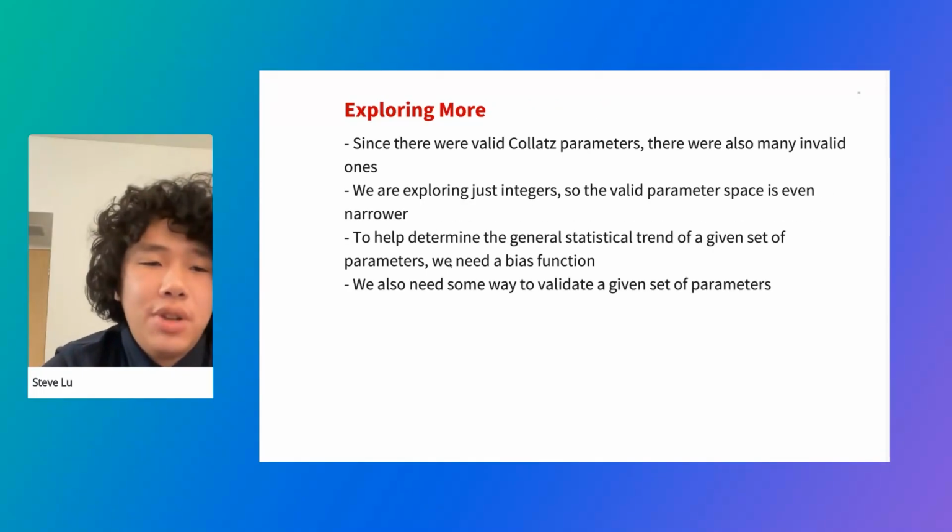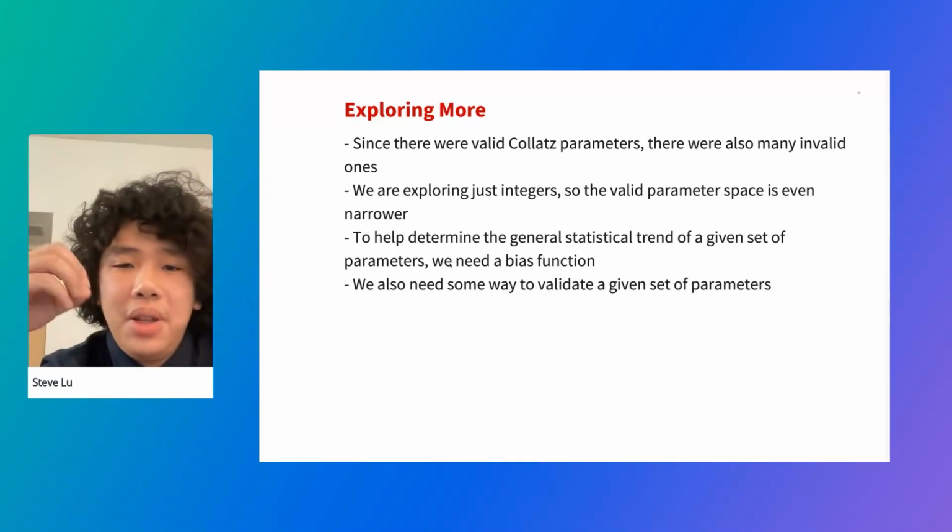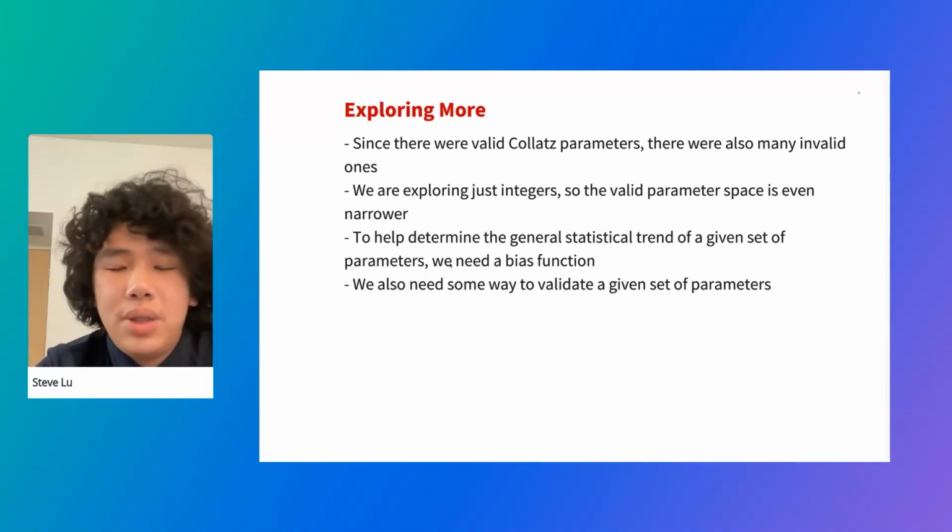And there's 2 challenges for exploring more. Since we need a way to validate parameters, because if you don't, you're going to end up with a lot of invalid parameters. So we need to basically constrain this valid parameter space we're searching, so we don't actually end up with broken parameters. And we also want a way to determine the general statistical trend of any given parameters.